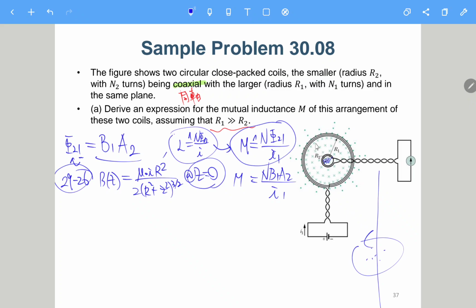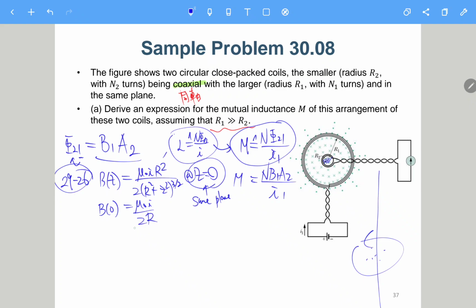And here, since they are in the same plane, Z is equal to 0. So B of 0 is mu 0 I over 2R.